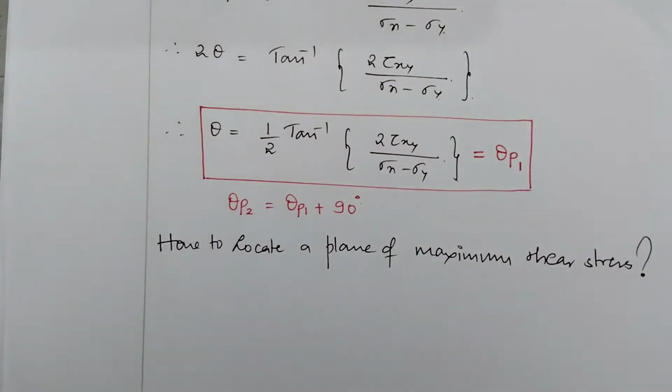How to locate a plane of maximum shear stress. I am telling you all these things because these are part of the numericals. Once you take up a numerical, you will get to know why I told you all these things, and all these come under the category of analytical method because we are making use of formulas. So how to locate a plane of maximum shear stress.